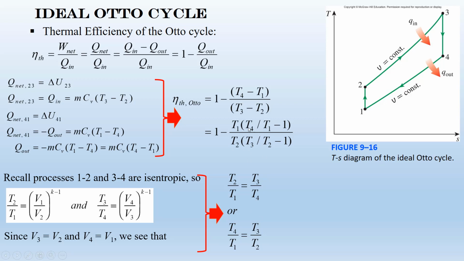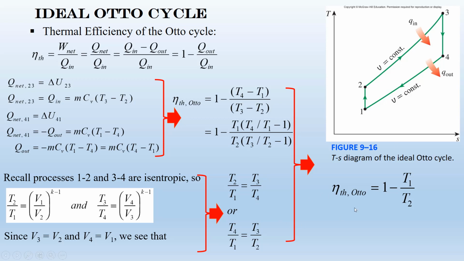If you just look at this equation, you can see that you can cancel these parentheses in the numerator and denominator because T4 over T1 equals T3 over T2. And then we can write the thermal efficiency of the Otto cycle equals 1 minus T1 over T2. Keep in mind, guys, this is very important.